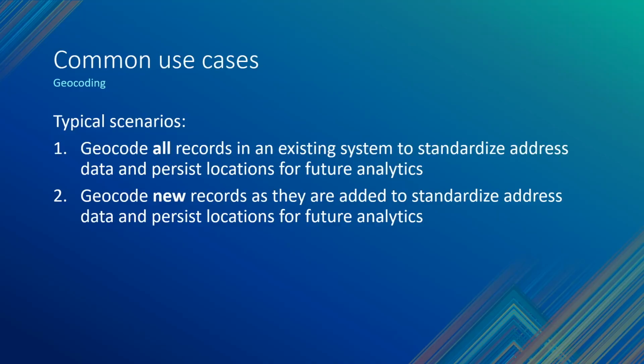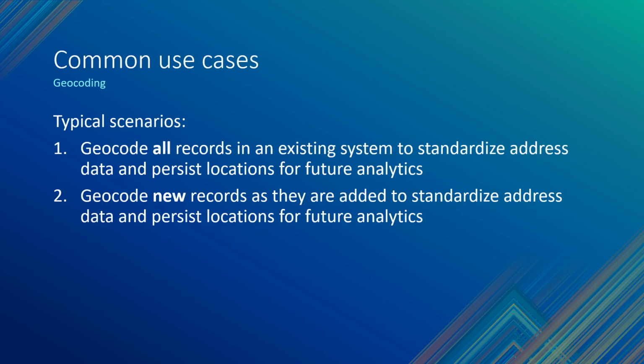On the common use case of geocoding records, some typical scenarios are ones like geocoding all records in an existing system. And again, to standardize the data so you're meeting that reliability piece of data quality, right? It's reliable and it's consistent, and having the ability to persist these locations for future analytics.